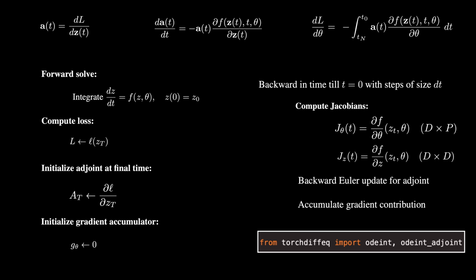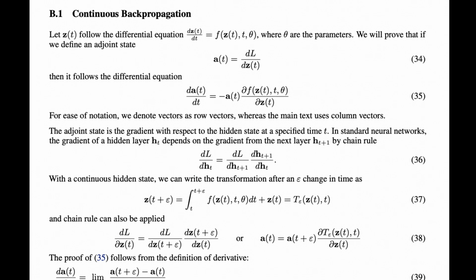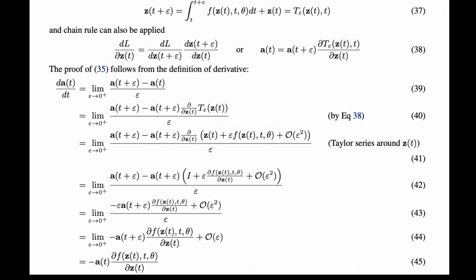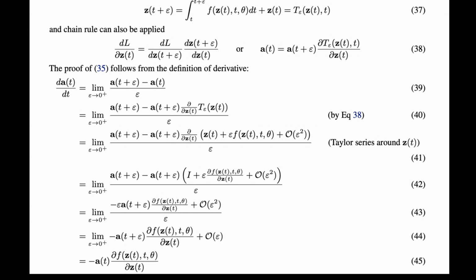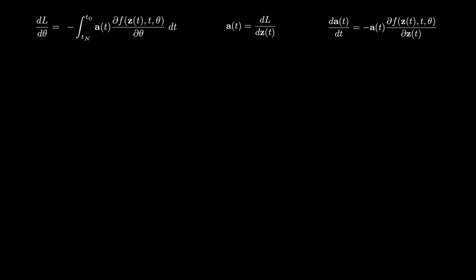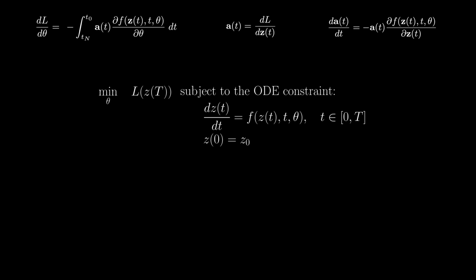The authors provide a proof of all this in the appendix, where they show that the adjoint state follows the given dynamics. However, I found that looking at the ODE training as a constrained optimization problem and then using Lagrange multipliers to get an expression for computing gradients is easier to digest. Basically, we have our task of minimizing the loss and we have constraints in form of our ODE for all the time steps.